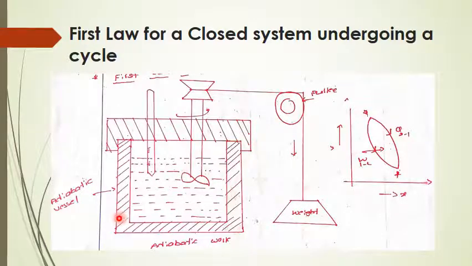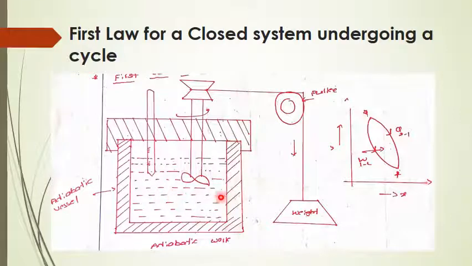Initially let us assume that the temperature of the system is T1, and now I will do some amount of work on this system by putting some weight on this hanger. When you put some weight on this hanger, this wheel will be rotating using this pulley. So when it rotates, it does some work on the system.